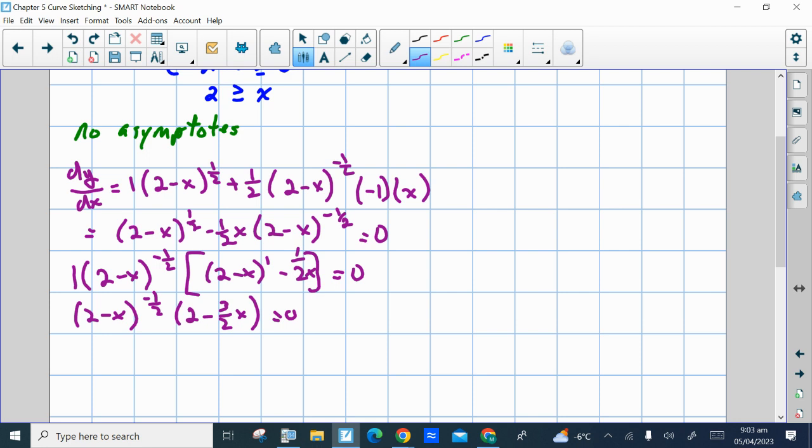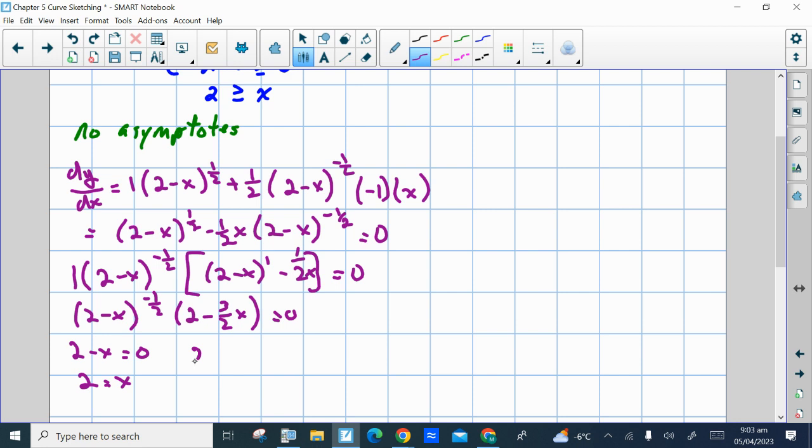So our critical numbers will be when each factor equals 0. When 2 minus x equals 0, which is where x equals 2. And that's going to be the starting point of our graph, because we said that our domain was that x is less than or equal to 2.